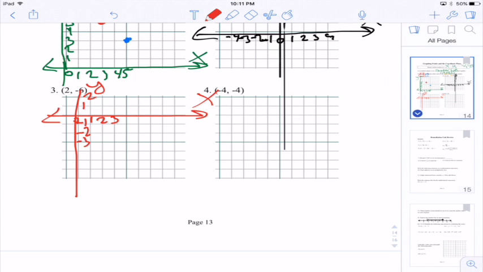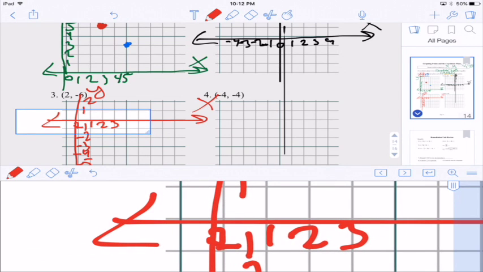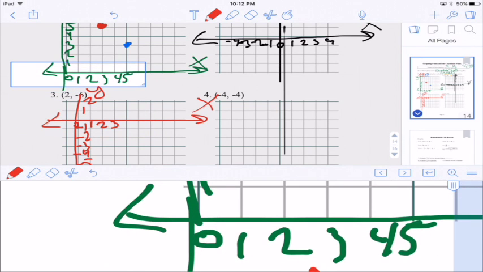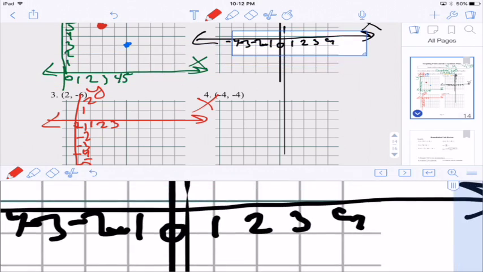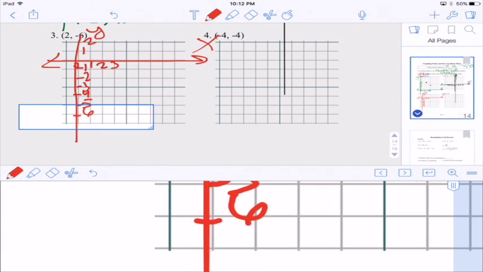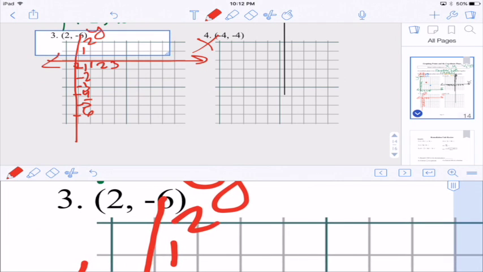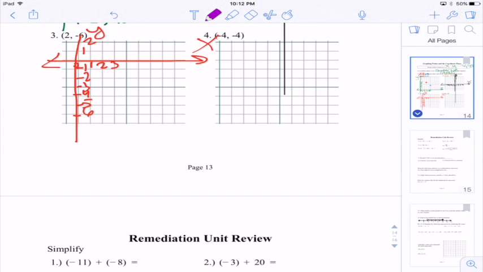So -1, -2, -3, -4, -5, -6. Even though my origin is right here on the weird top left corner as opposed to the bottom left or in the middle, all you've got to do is realize that they're just number lines, the x and the y. As long as you label it correctly, you're good to go. So let's put that point on there. 2, -6. I started at my origin, 1, 2, and I go down, 1, 2, 3, 4, 5, 6. So there's my point. And that's it.